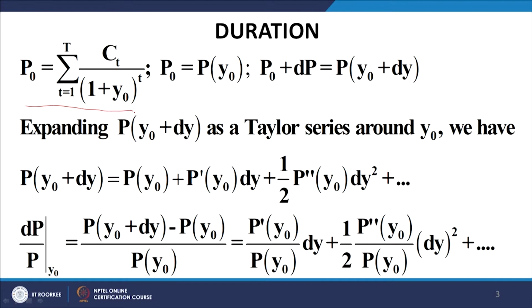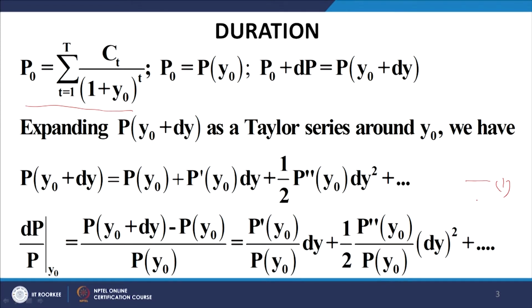Now, we expand P of Y0 plus dy, that is P0 plus dp, as a Taylor series around the point Y0, and what we get is the expression that I call equation 1.